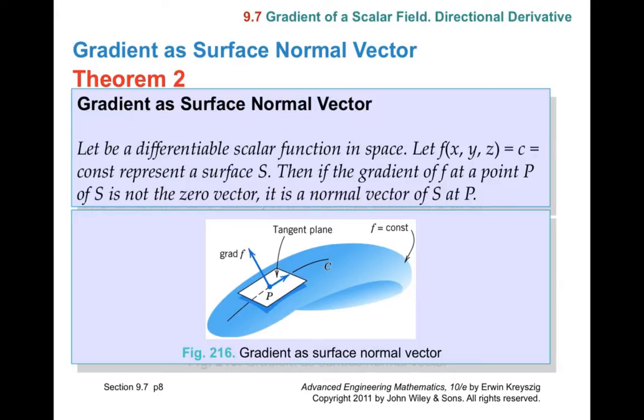For example, you can take an electrode of a given shape and put a voltage on it. That forms a surface of constant potential. If you want to know the electric field at the surface, directed away from the electrode, you can find that by employing the gradient function along an equation that defines the surface.